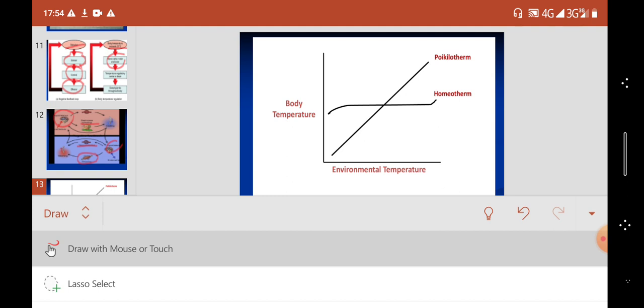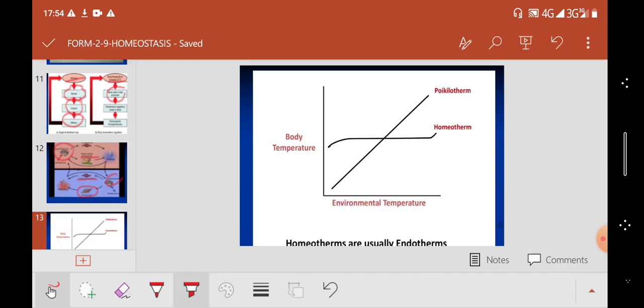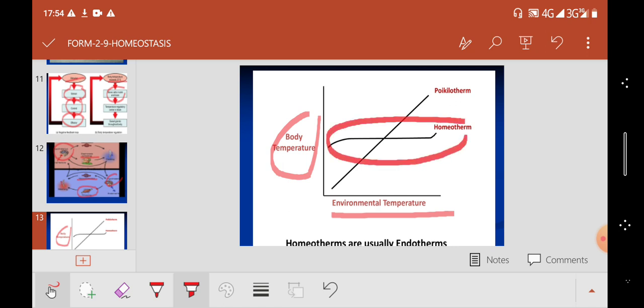in temperature. And for that reason, if a graph is drawn of body temperature against environmental temperature, the curve for homeotherm will always remain relatively constant. But for poikilotherm, if the environmental temperature increases, their body temperature will also increase.